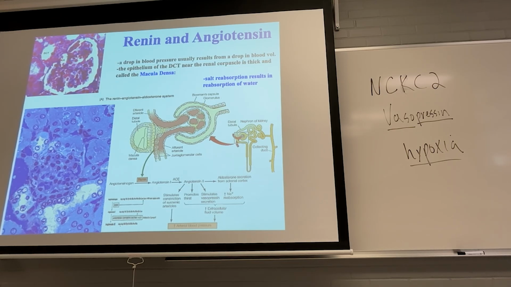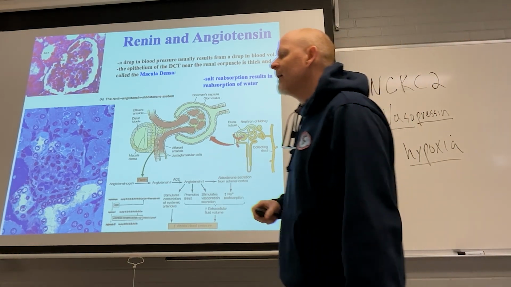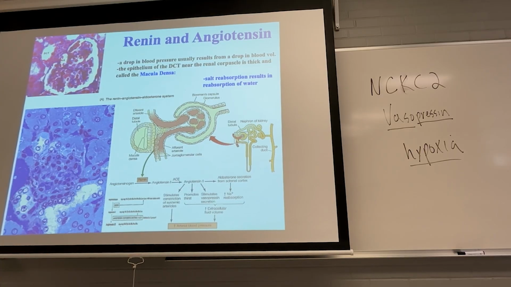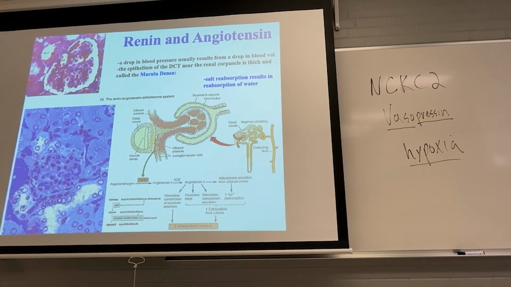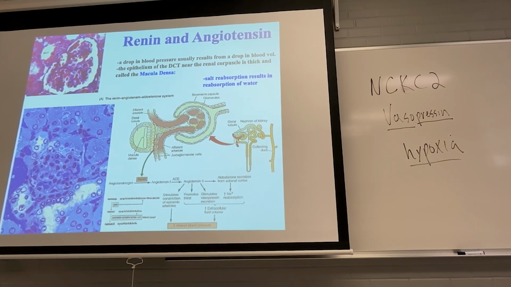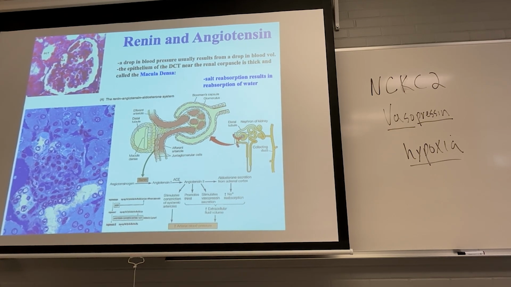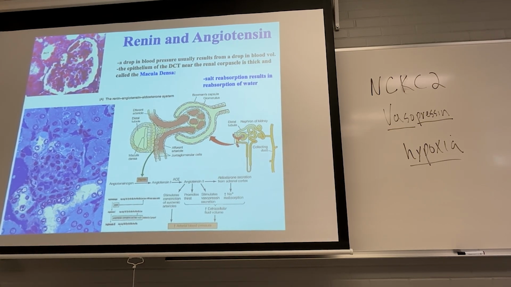In any case, this ACE protein here is what converts angiotensin 1 to angiotensin 2. And so what do I mean by that? Well, basically, a lot of proteins that are released into the extracellular fluid are in an inactive form. And the easiest way to do that is real simple. You just add a few amino acids on the end of your polypeptide, and that will prevent the protein from folding up in the right three-dimensional shape.